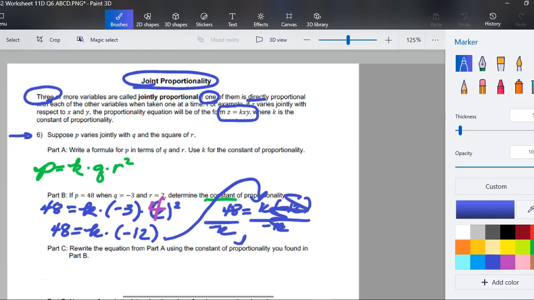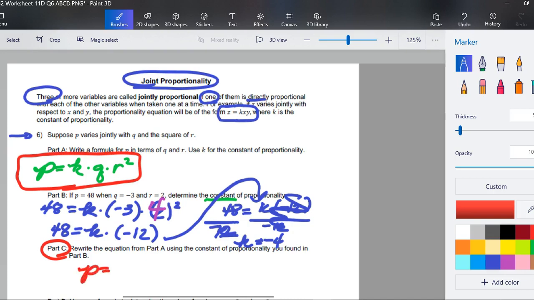This becomes 1, and our K is worth -4. Continuing on, rewrite the equation we had in part A. This time, use the constant of proportionality that we found in B. So our P, which is directly proportional to Q and the square of R, we now know has a constant of proportionality of -4.